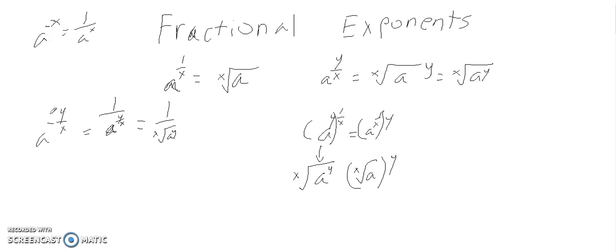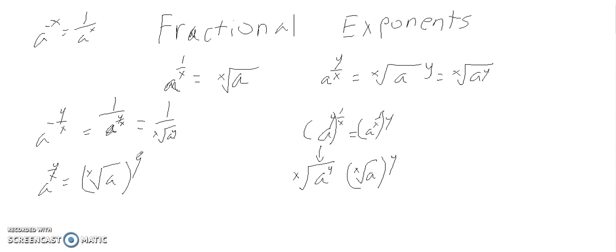A way of demonstrating why this is. It actually follows from the same logic as how we got this, where normally, if it were just a fraction, so if it were a to the y over x, that would mean we would have the x root of a, y times.